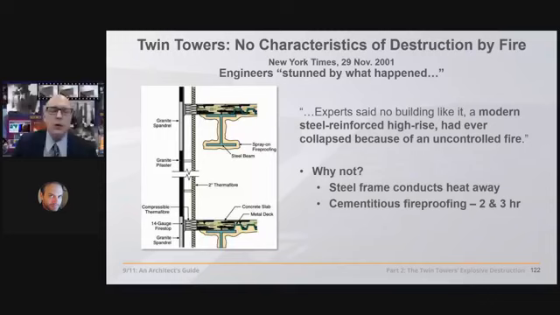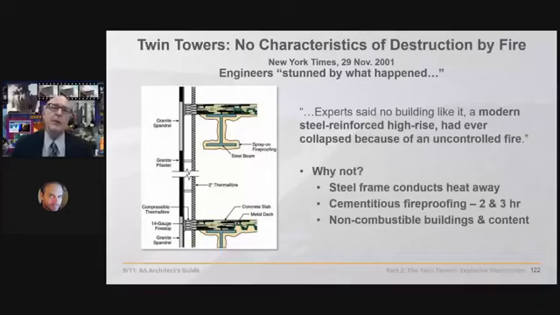And it typically doesn't, even in non-fireproofed buildings. But we add cementitious fireproofing, 2 and 3 hour protection. Now that's about 4 to 6 times the protection that a building needs, because again, remember, fire only occurs in one area, even according to NIST, for 20 or 30 minutes, and then it moves on looking for fresh new fuel sources.